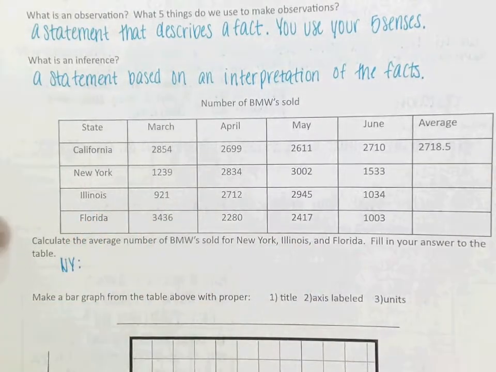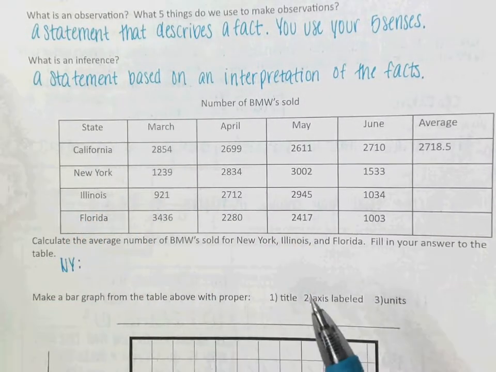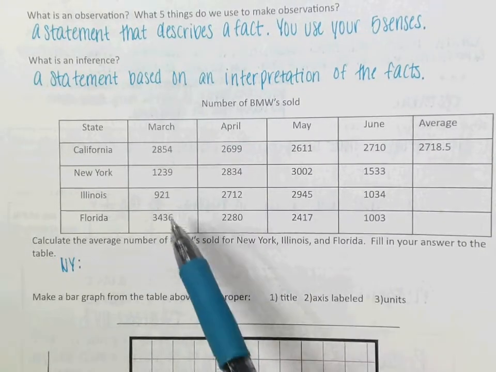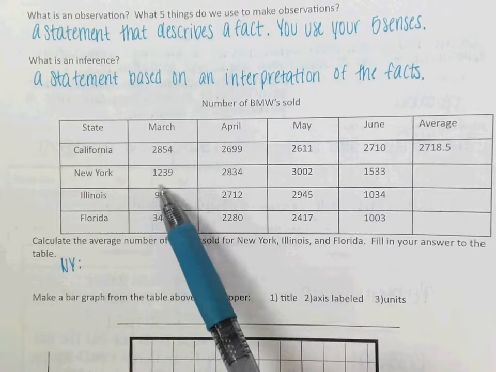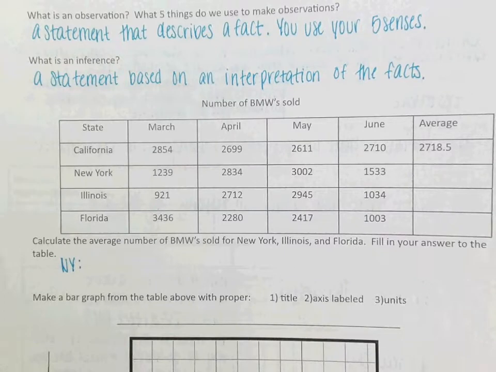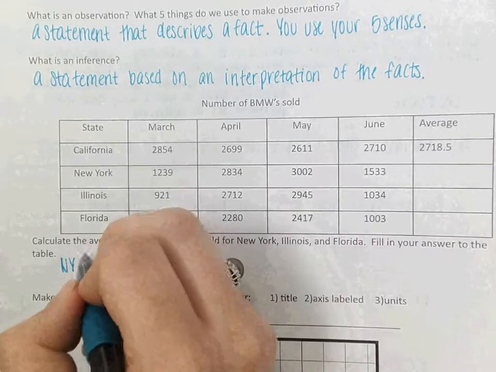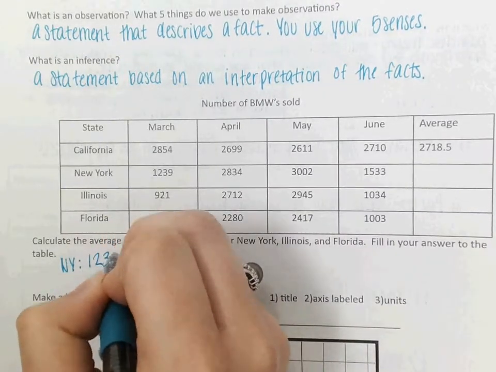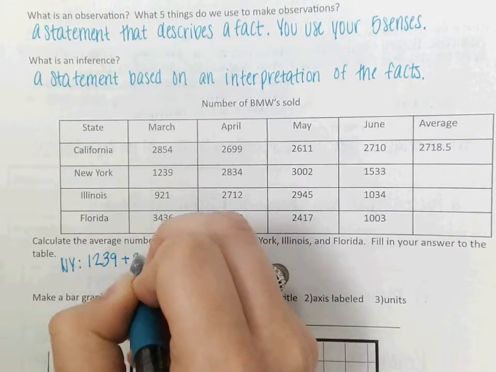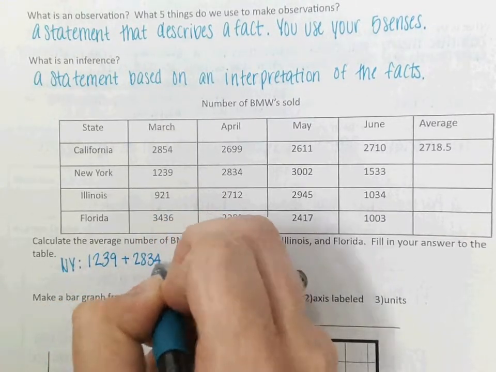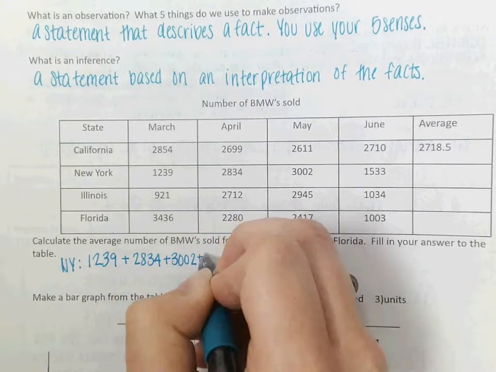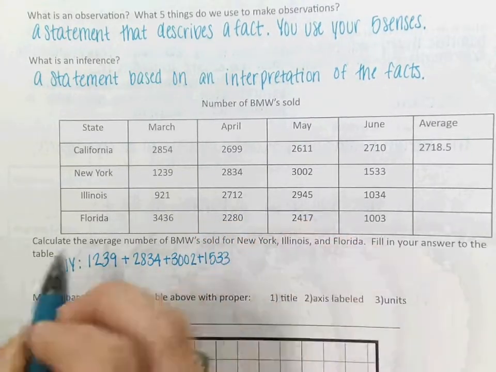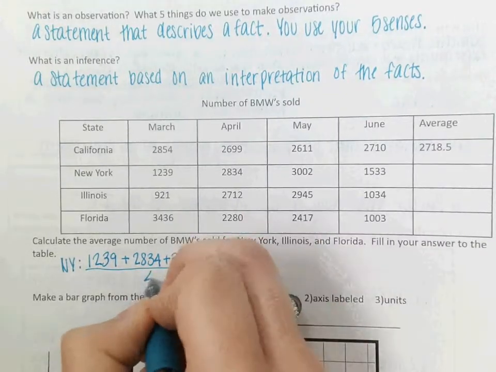And let's talk about how we find average. In order to find average, we add up all of our numbers and then divide by how many numbers we have. And in this case, we're going to divide by 4 since we're adding up 4 numbers. So for New York, we're taking 1,239 plus 2,834 plus 3,002 plus 1,533, and we're dividing it by 4.